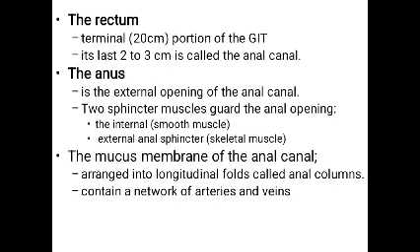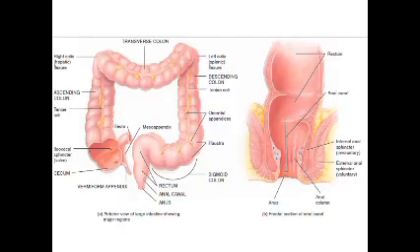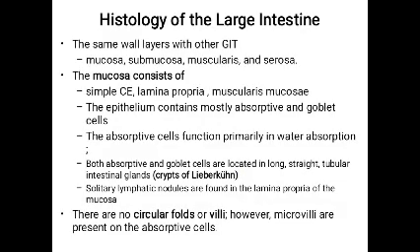The mucous membrane of the anal canal is arranged in longitudinal folds called anal columns, which contain a network of arteries and veins. This is just like the diagram. Histology of the large intestine.